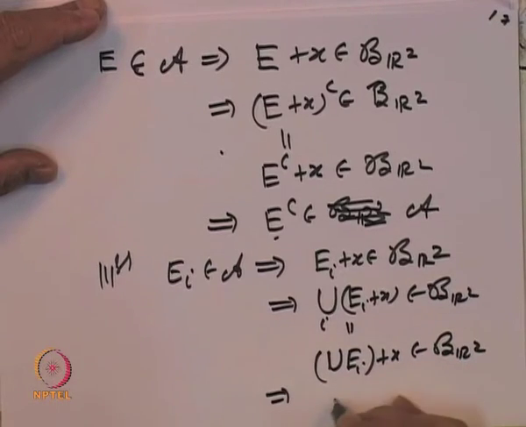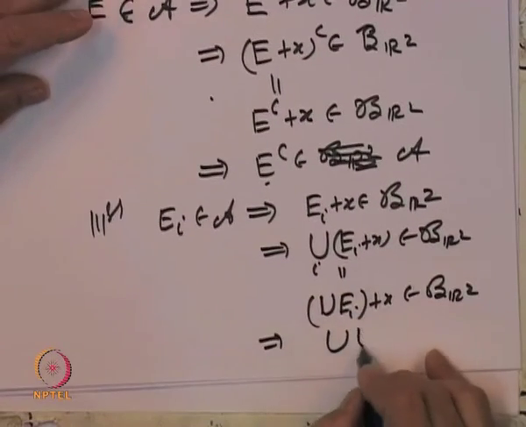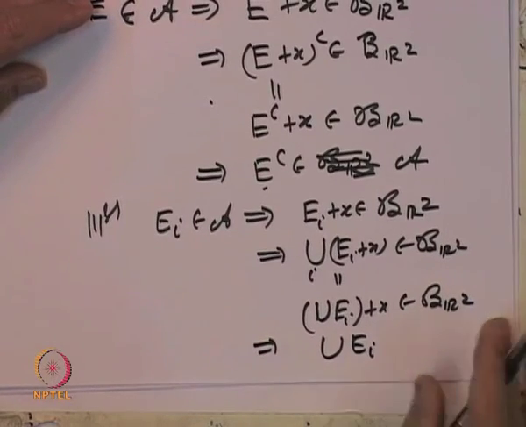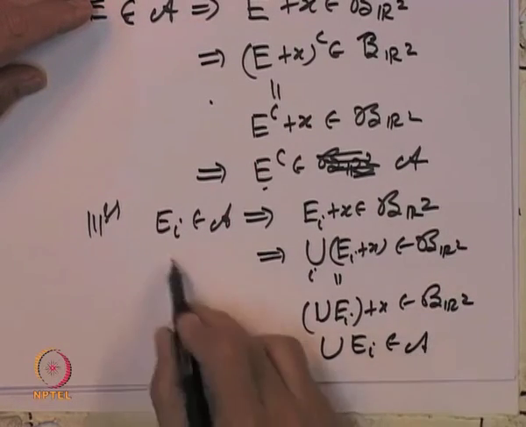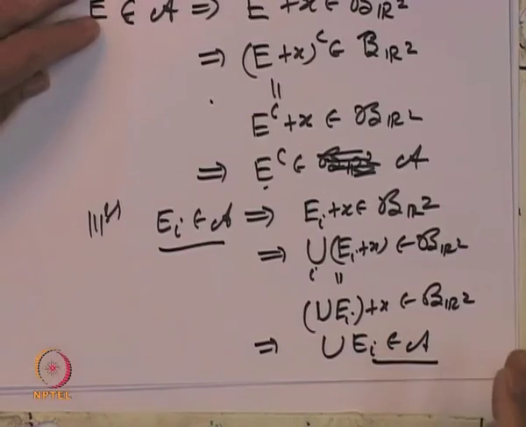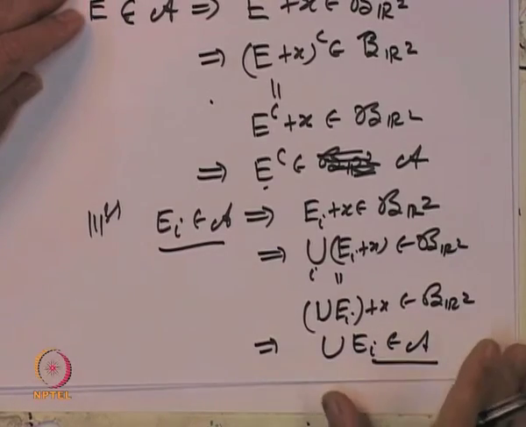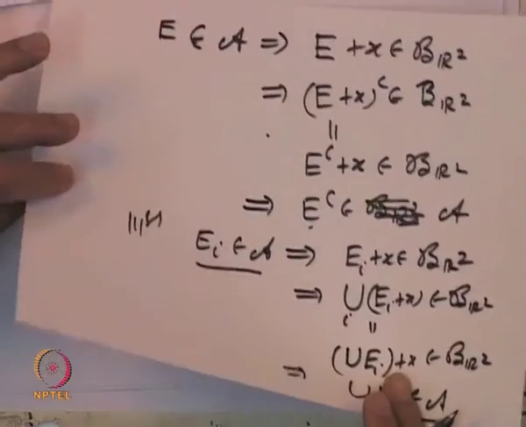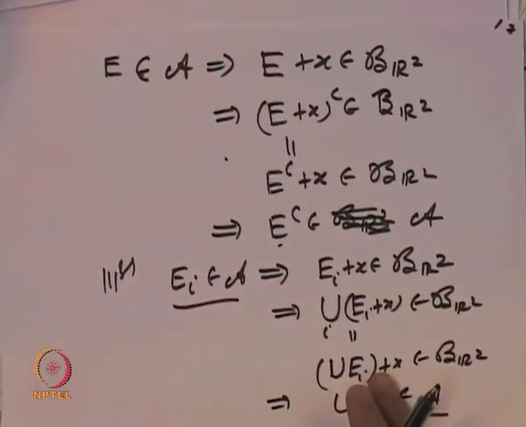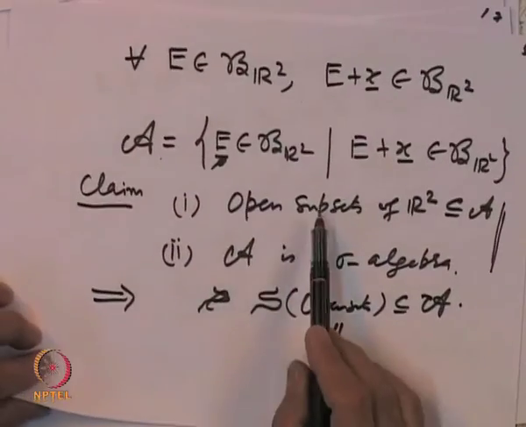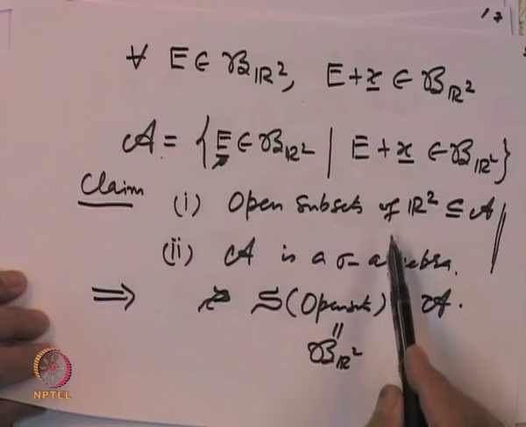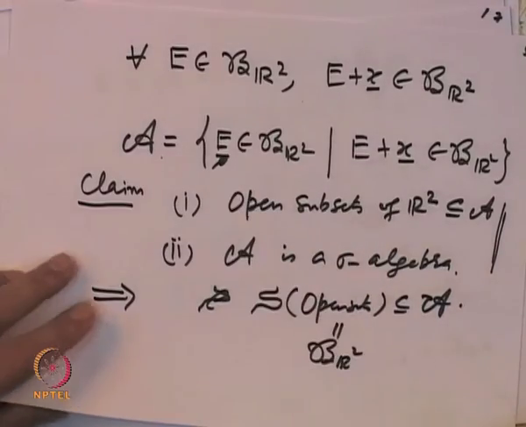So, that will imply that the union of E i's belongs to A. So, A is a sigma algebra including open sets, so it includes everything.